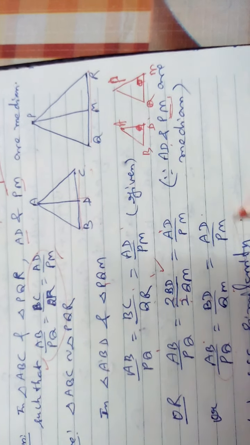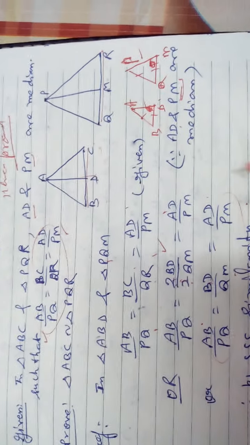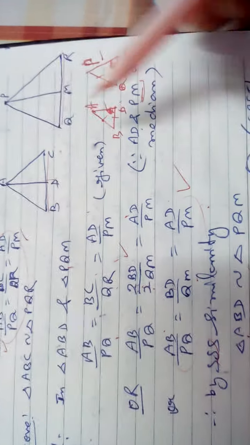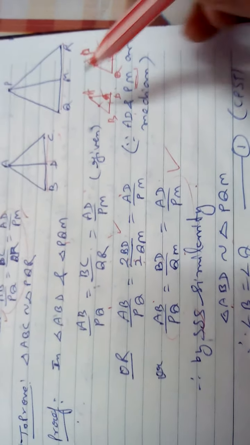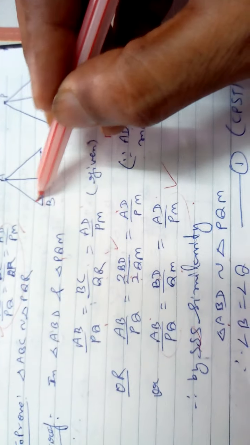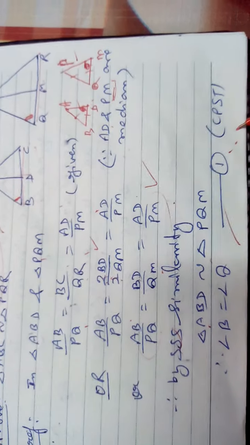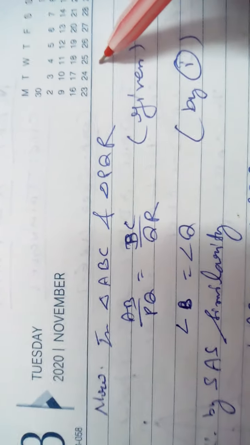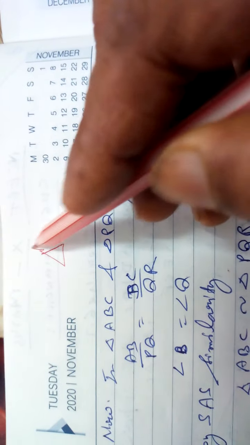Now you see, these are the sides: one side, two sides, three sides. Sides are proportional, so by SSS similarity your triangle ABD is similar to triangle PQM. From similarity you can get angle B is equal to angle Q by CPCT. Equation number 1. Now you take triangles ABC and PQR. AB upon PQ is equal to BC upon QR, given.